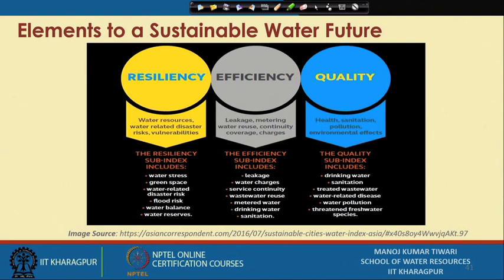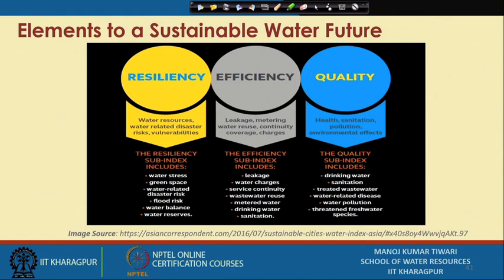Efficiency of course talks about how efficient the water systems are in gross. So, it talks about the efficiency of the water supply system, water treatment systems, sewerage collection systems, and revenue generation or revenue collection systems.